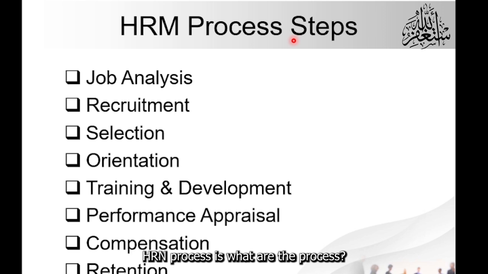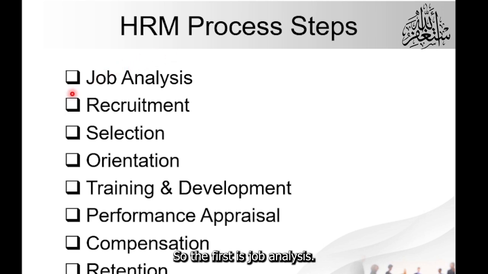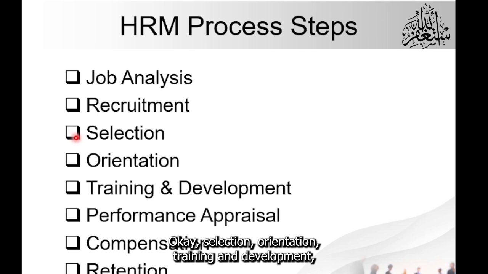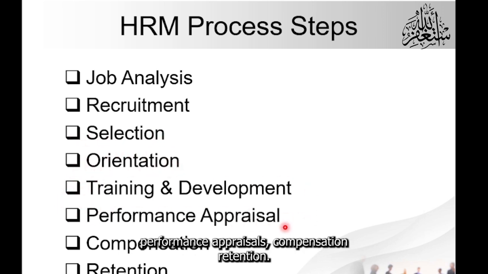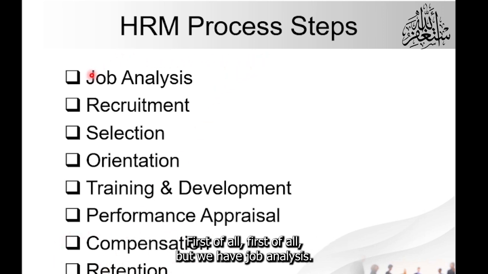Next is the HRM process. This is a very important slide. What are the processes of human resource management? First is job analysis, like, is there any need for the job? So we do job analysis.